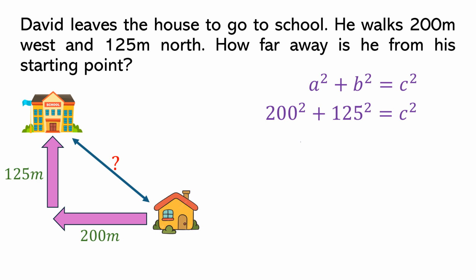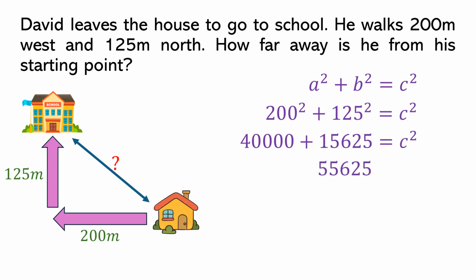So the square of 200, or 200 multiplied by itself, 200 times 200, you'll get 40,000. While 125 squared is 15,625. And then copy the c squared. So let's combine the left side, 40,000 and 15,625. That will give you 55,625.